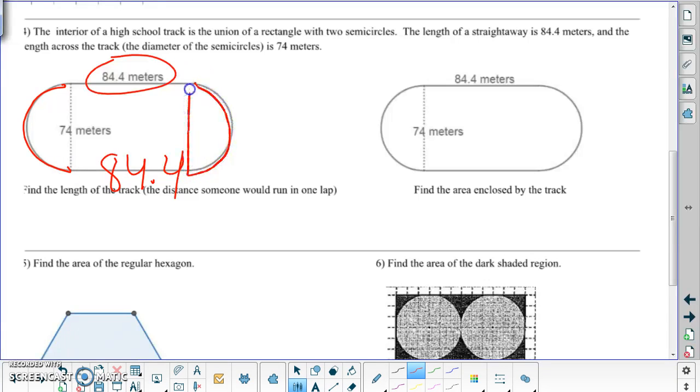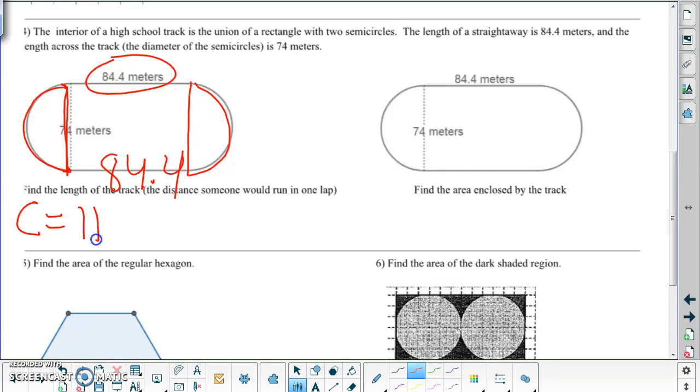Okay, would you agree if I have two semicircles, I could just count it as one circle? If the diameter is 74, who remembers how to find circumference of a circle? Pi times diameter.